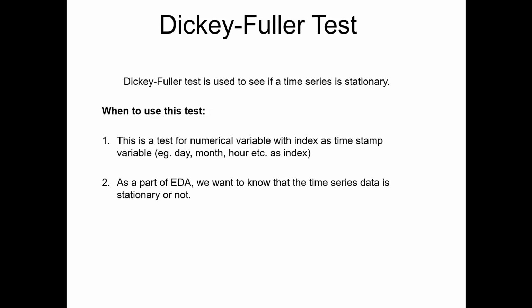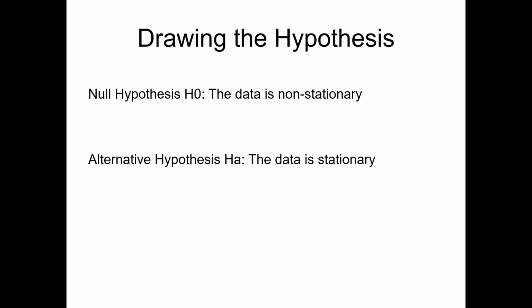It is used as a part of exploratory data analysis, and we want to know whether the time series data has stationarity or not, because this is very important to know to get a machine learning model to give very accurate predictions.